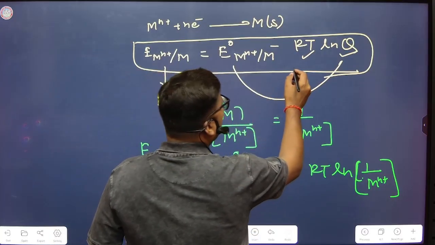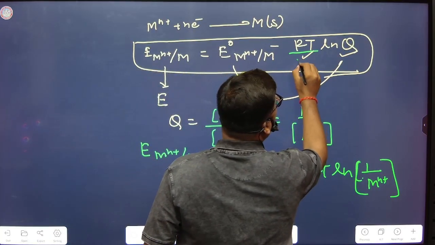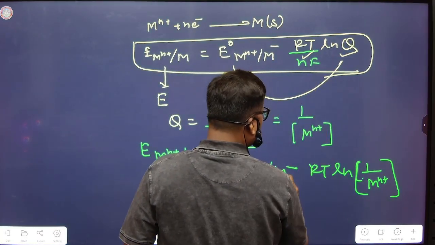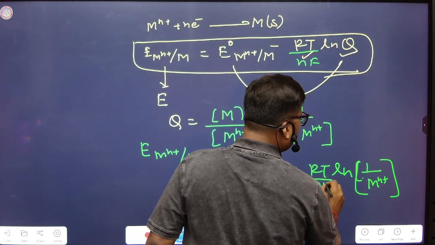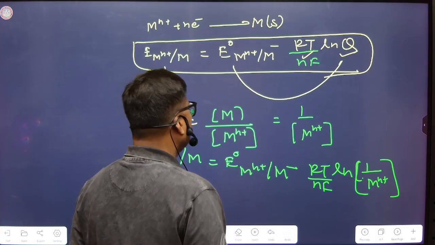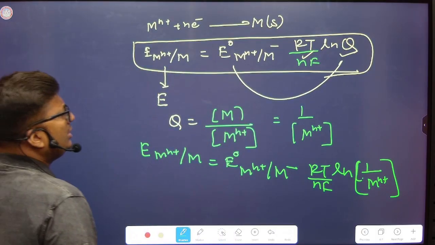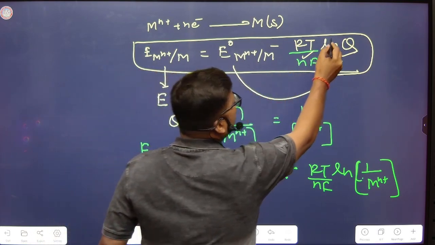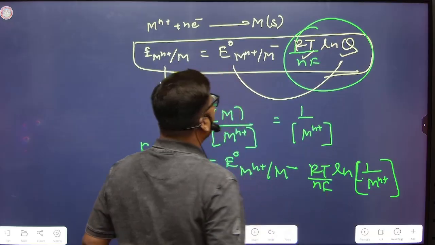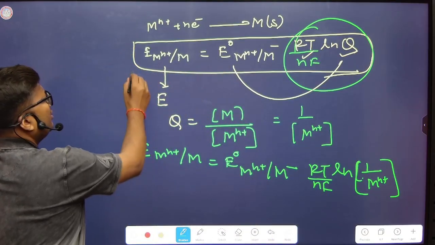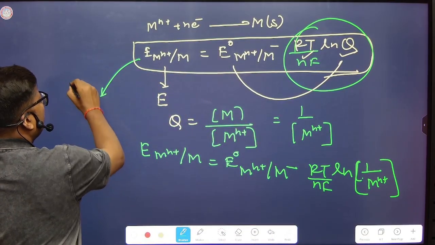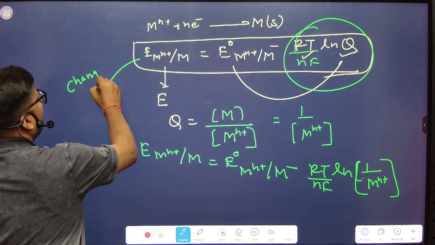Here we have missed nF, so this is nF. Depending on these values, this electrode potential changes, right?